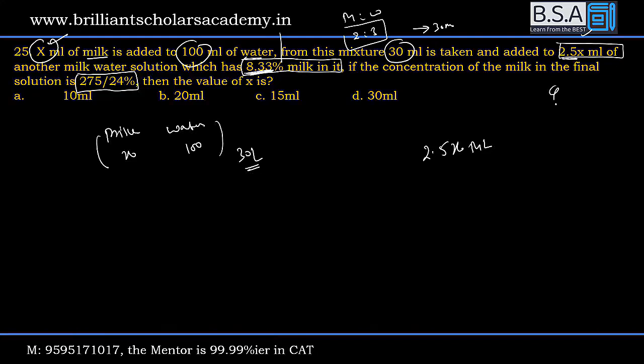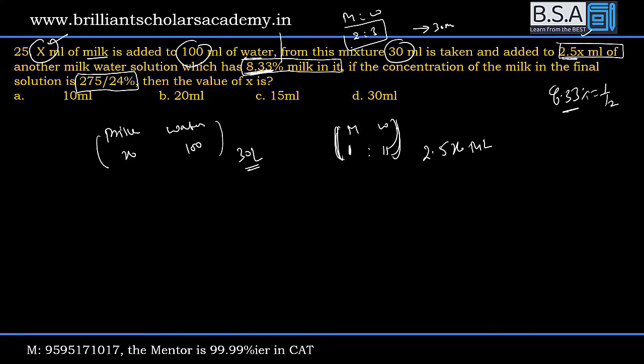Now do you remember, 8.33% is 1/12? That means milk is 1, total volume is 12, water must be 11. This is given to you. Milk is 8.33%, which basically means 1/12. So milk is 1, total is 12, water must be 11.